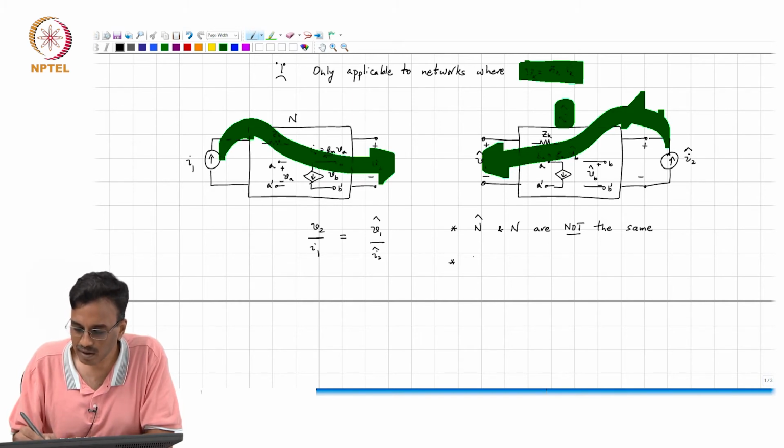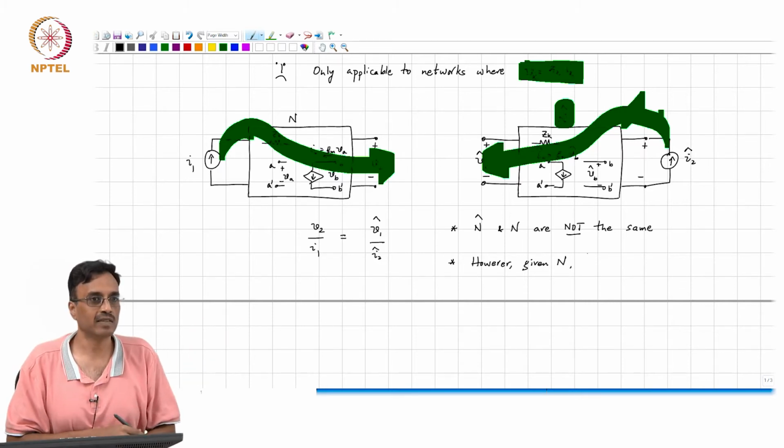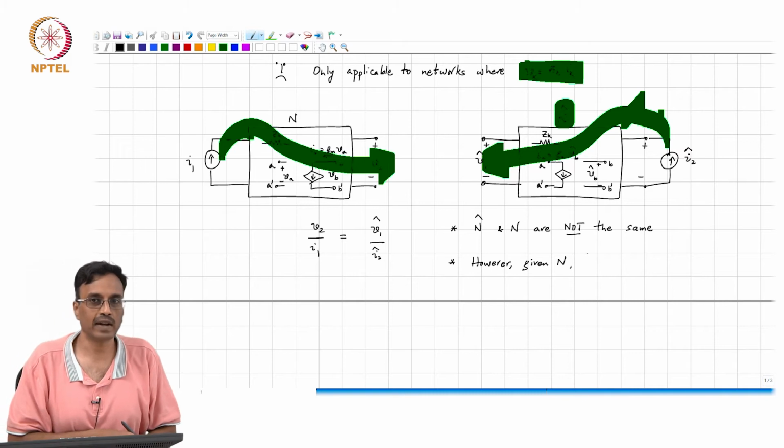However, given N, what comment can you make about N hat? I mean, is it like rocket science to find N hat or what?